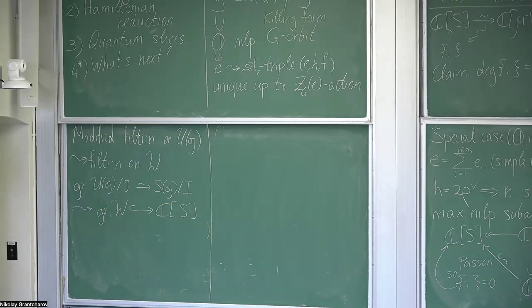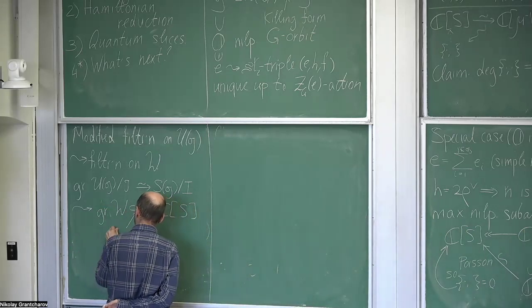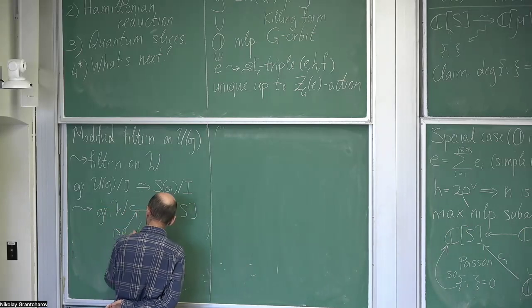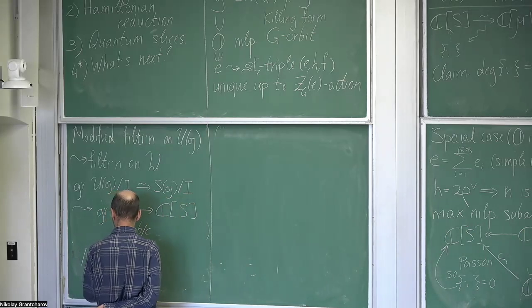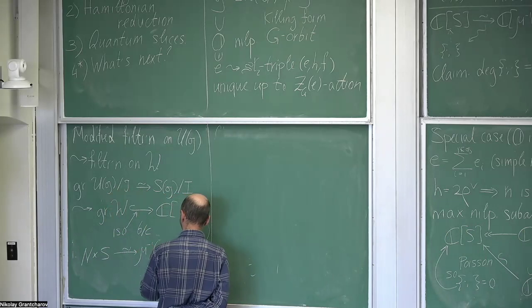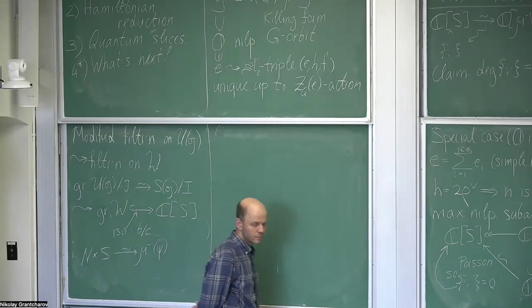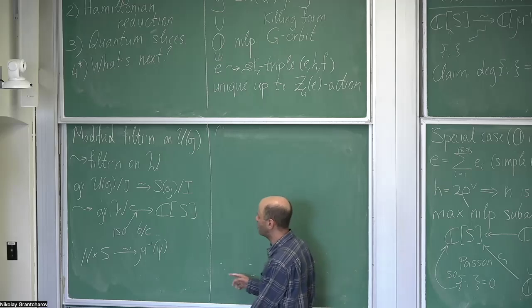However, and I already raised that fact, this inclusion is an isomorphism because of the action of S on U minus 1 of S. So what's going on here, roughly speaking, is the following.